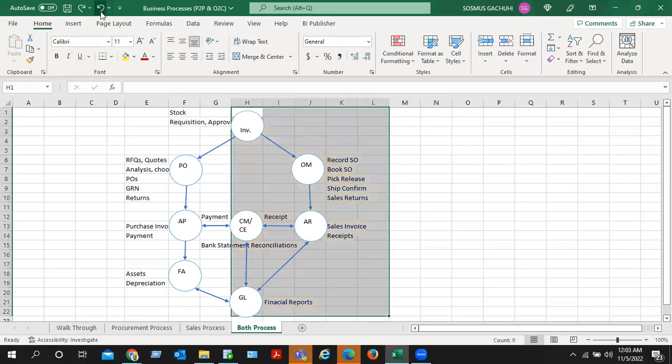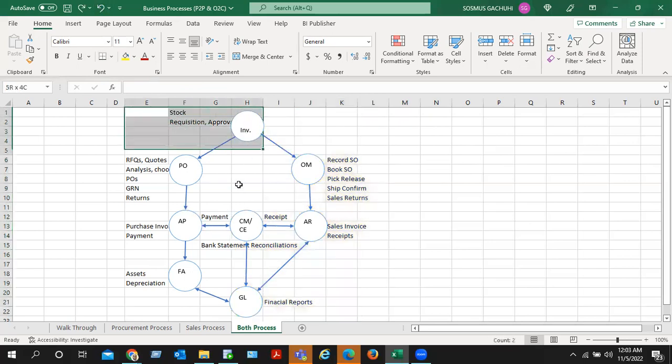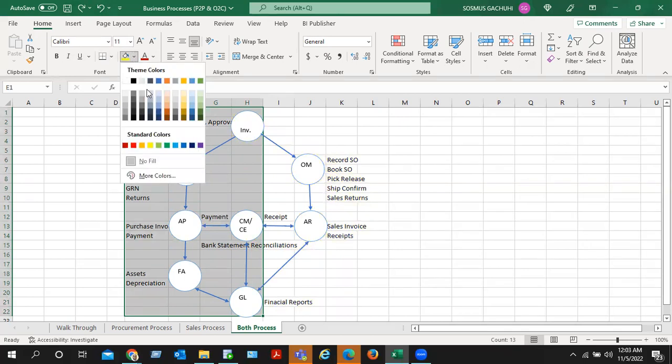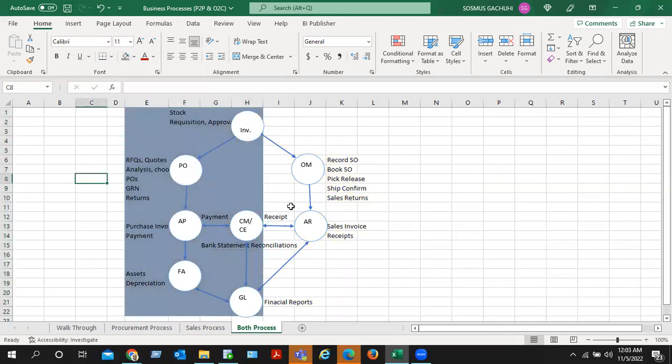Then on the other side, you can see we have the procure to pay, that is P2P. So we have the inventory, where they maintain stock and requisitions, and under the purchasing department, which we refer to as PO, we usually raise RFQs, that is requests for quotations.